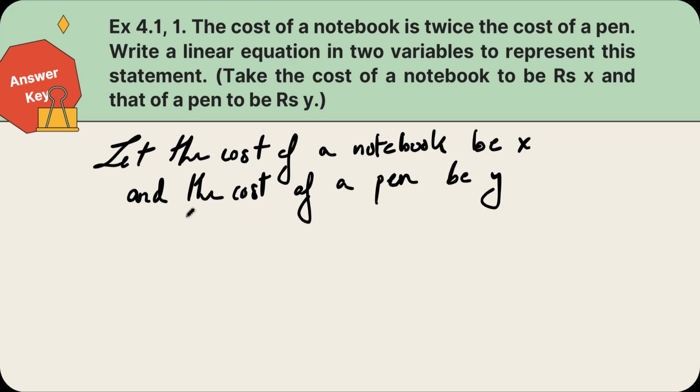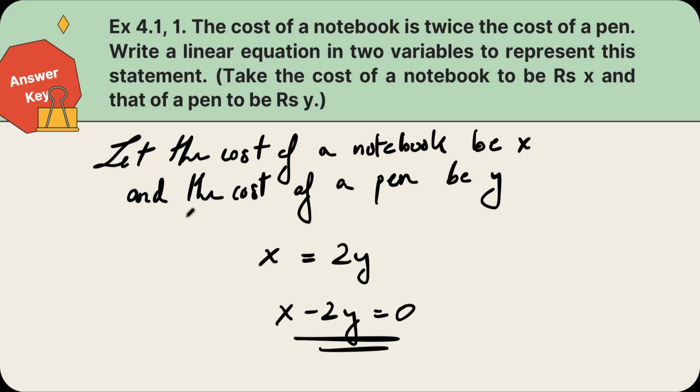So what is the relation? The cost of a notebook is twice the cost of a pen. So X is equal to twice the cost of a pen. So X is equal to 2Y. So X minus 2Y is equal to 0 is the standard form, right? So this is a linear equation in two variables.